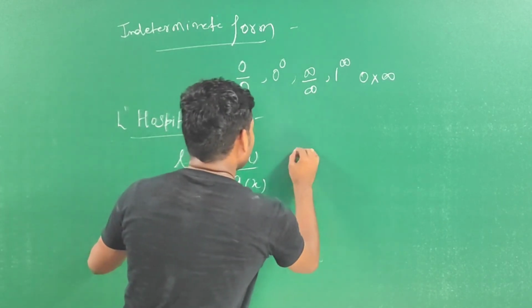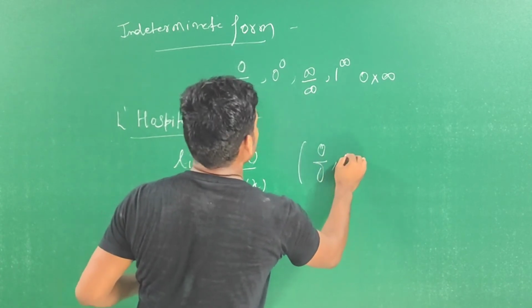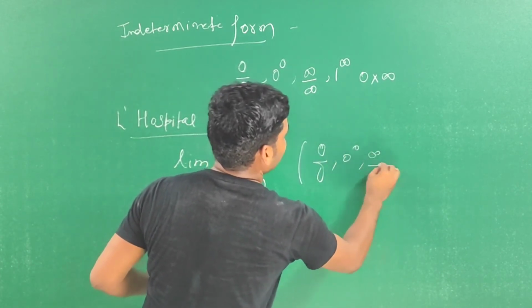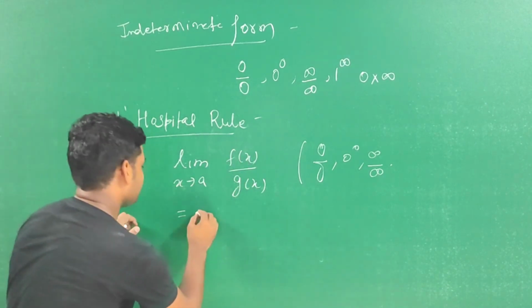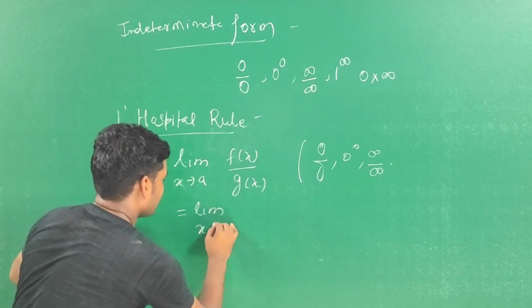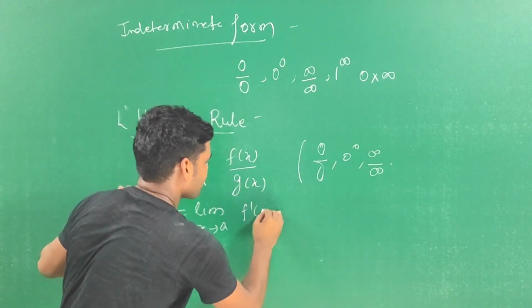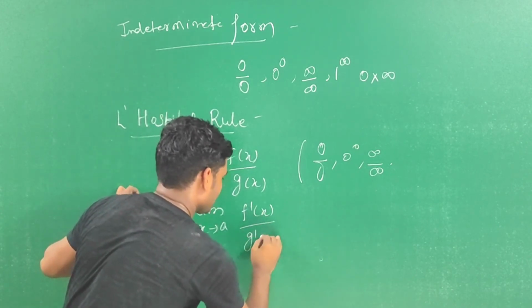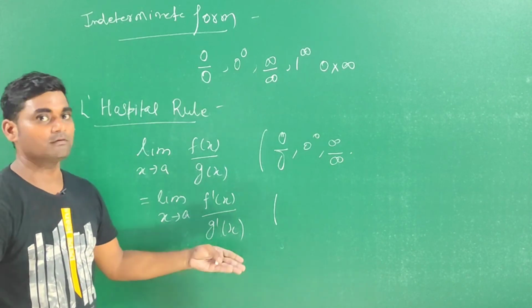If it takes a form like 0 by 0, 0 to the power 0, that means an indeterminate form, then we differentiate the numerator and denominator with respect to x, right? Then we go further for the second derivative.